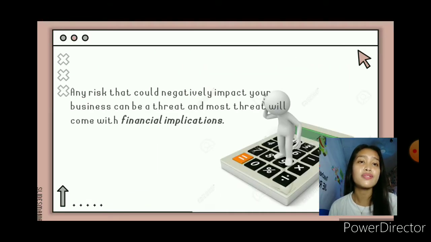So in this topic, financial performance, it is important to track and analyze your financial performance to make sure that your business is running in a good and efficient way.